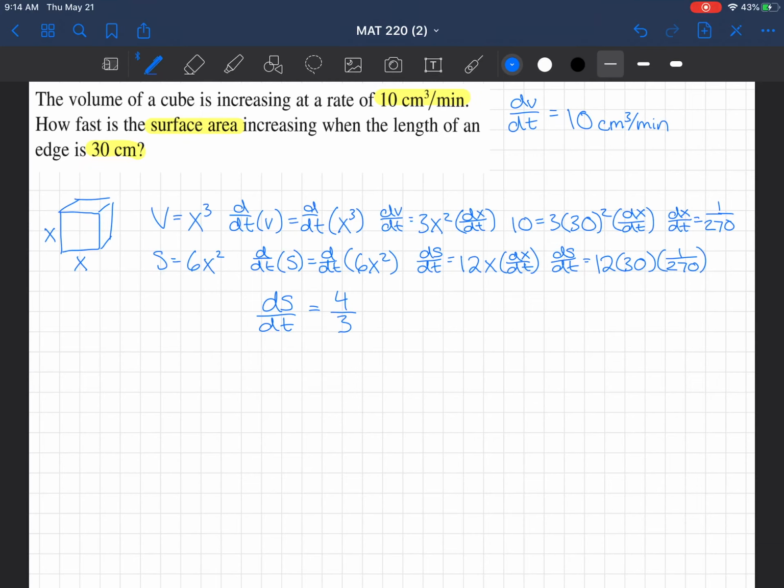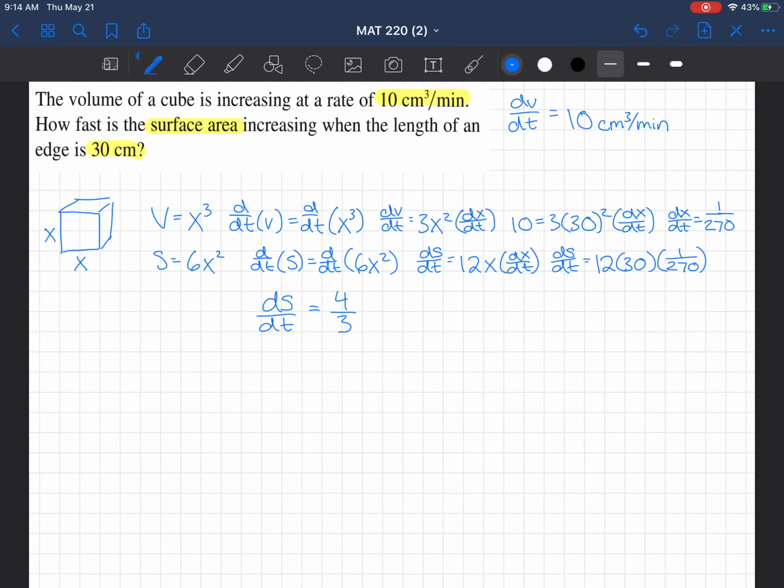Now in terms of units, I think the easiest way that I recognize what the units are for this particular problem is we are solving for surface area. And you might have noticed in our equation here, surface area is going to be a value squared, because we're taking two variables multiplied by one another.